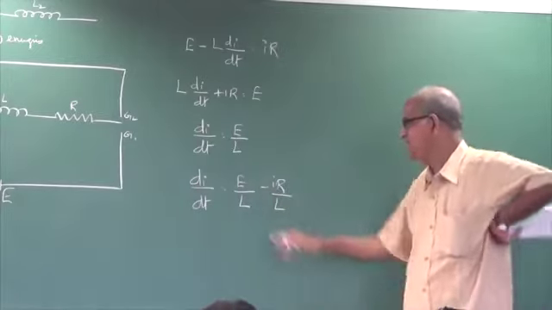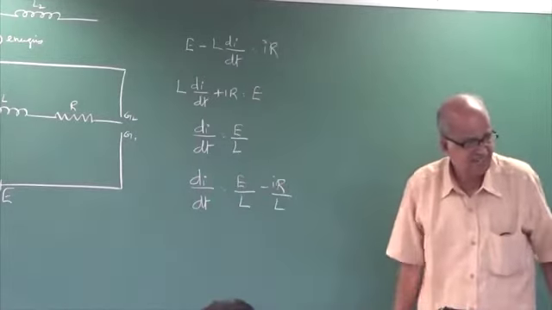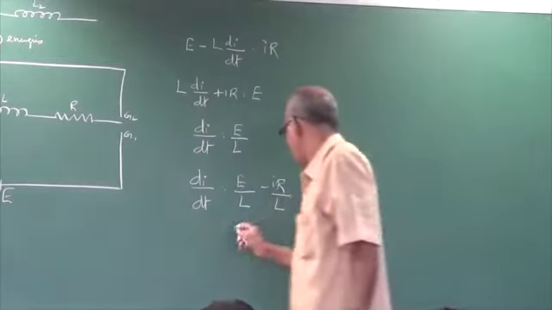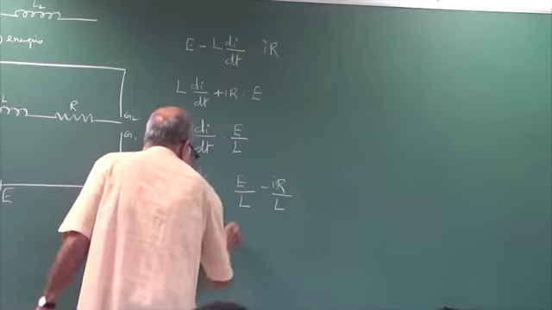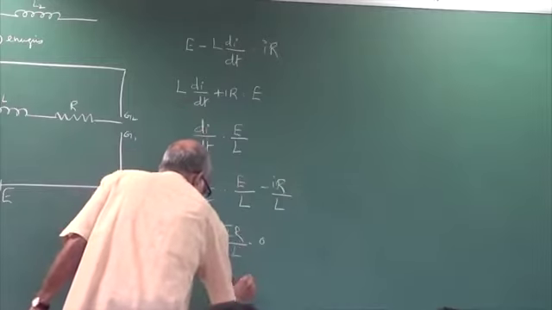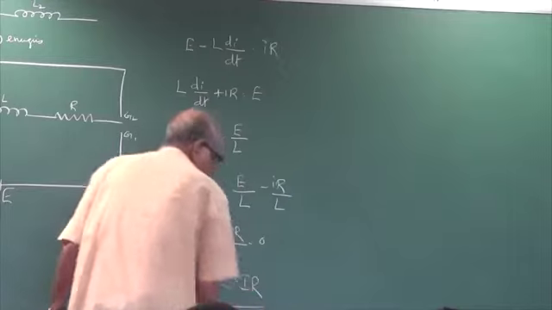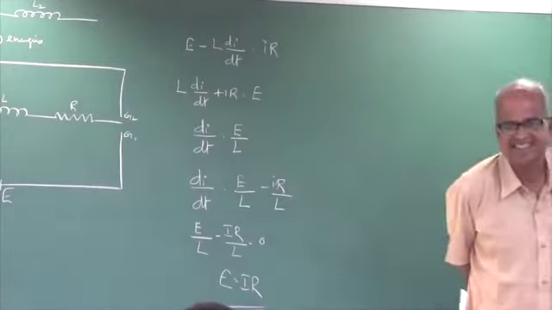After some time, this becomes 0. The current will have reached a constant value. For the constant value, you have E by L minus IR by L equal to 0, which means all the source voltage will appear across the resistor.